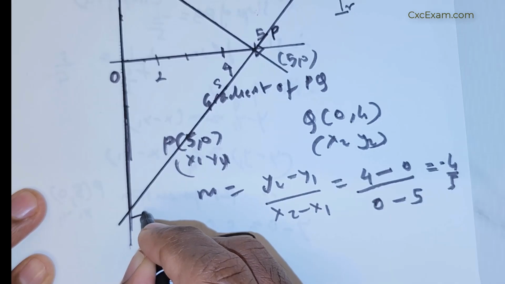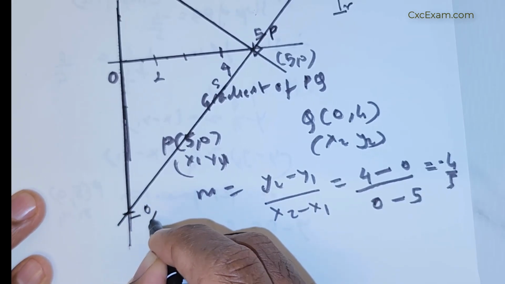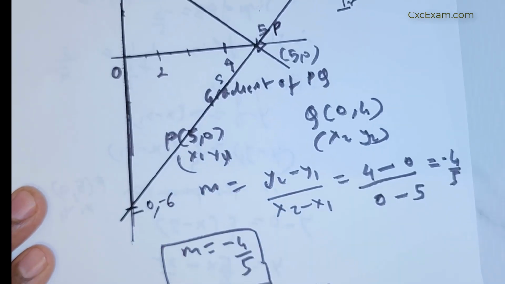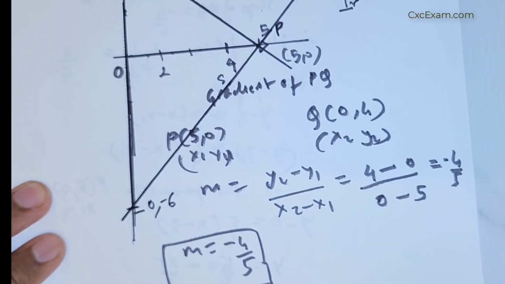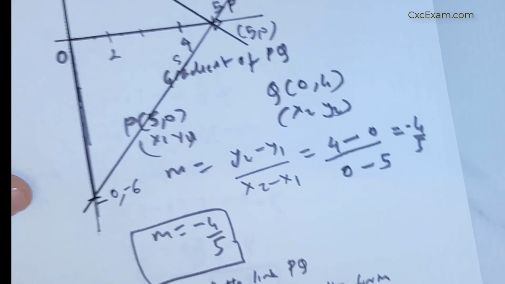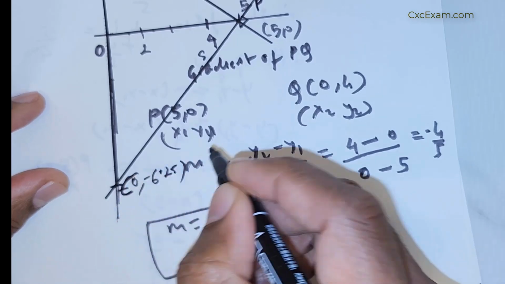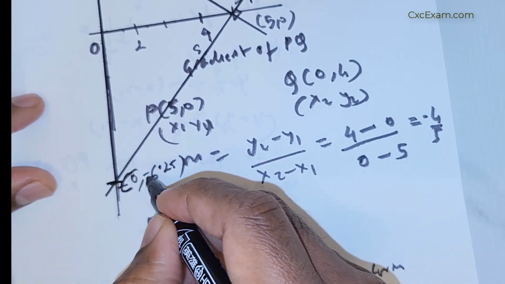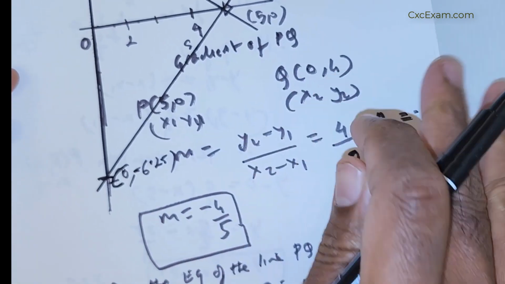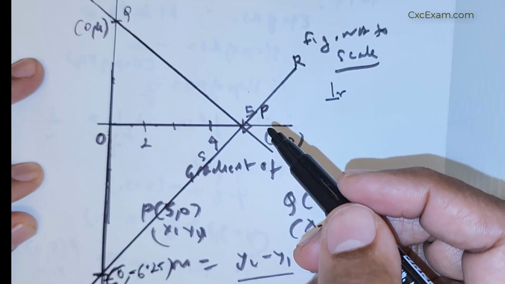So this point is going to be 0 comma negative 6.25. I don't have to place the negative sign, I am placing the negative sign here. So this is how the graph is going to look.